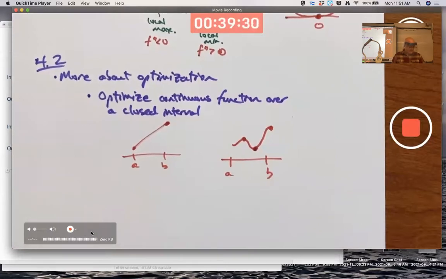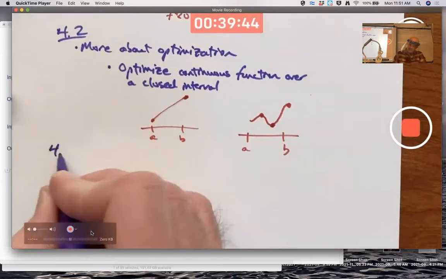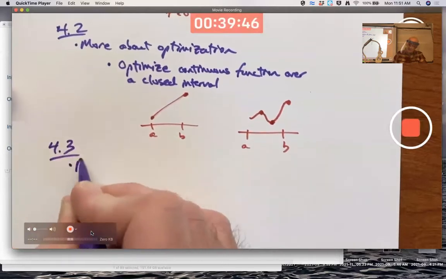Also talked about in section 4.2 was some about families of functions. That's emphasized even more in section 4.4. Section 4.3 gets into practical optimization.